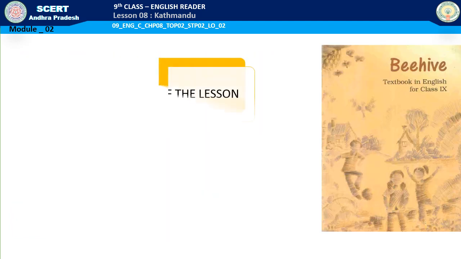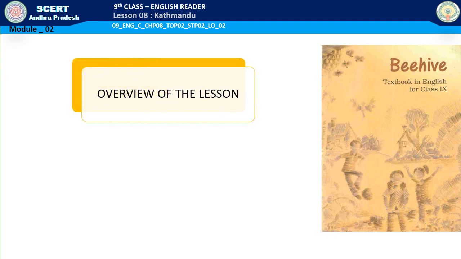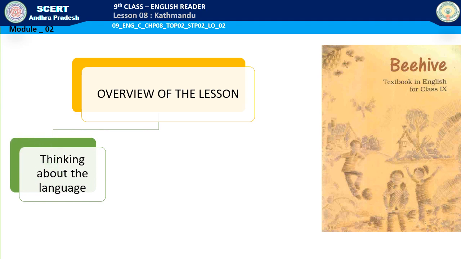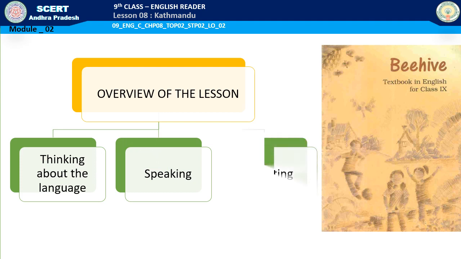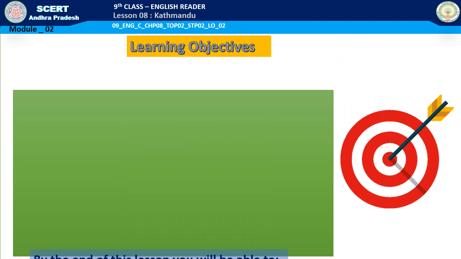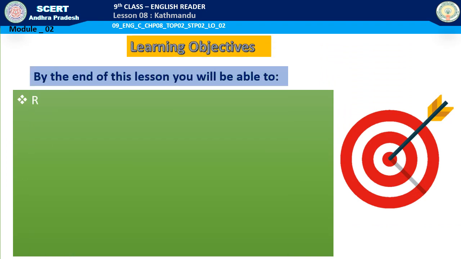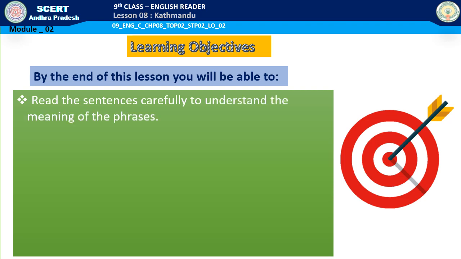Overview of the lesson: thinking about the language, speaking, and writing. By the end of the lesson, you will be able to read the sentences carefully to understand the meaning of the phrases.